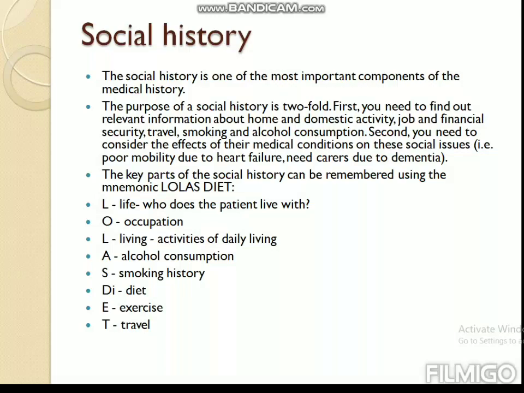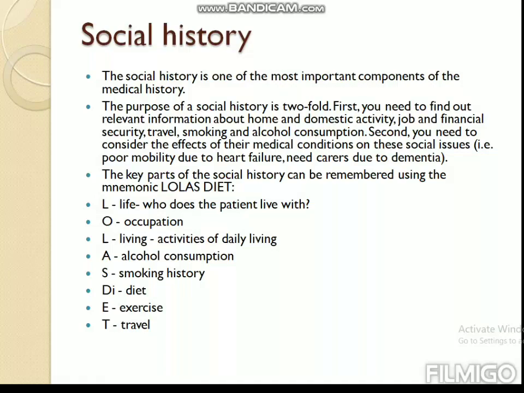All this comes under first. Second, you need to consider the effects of their medical conditions on these social issues. For example, poor mobility due to heart failure, need for care due to dementia.